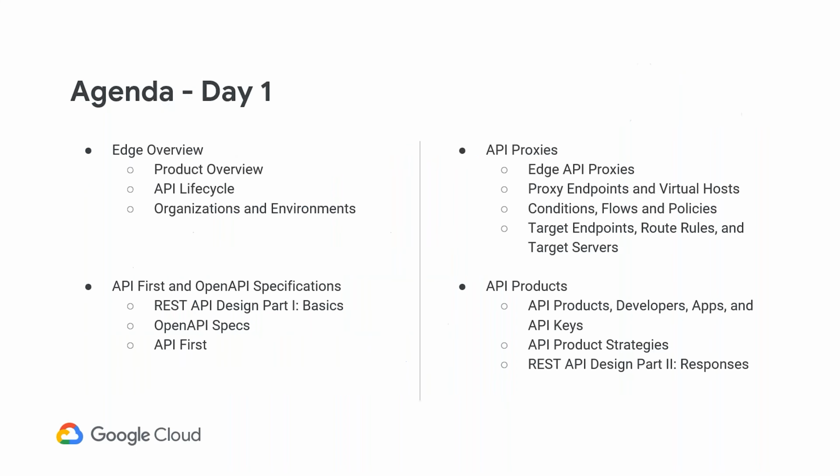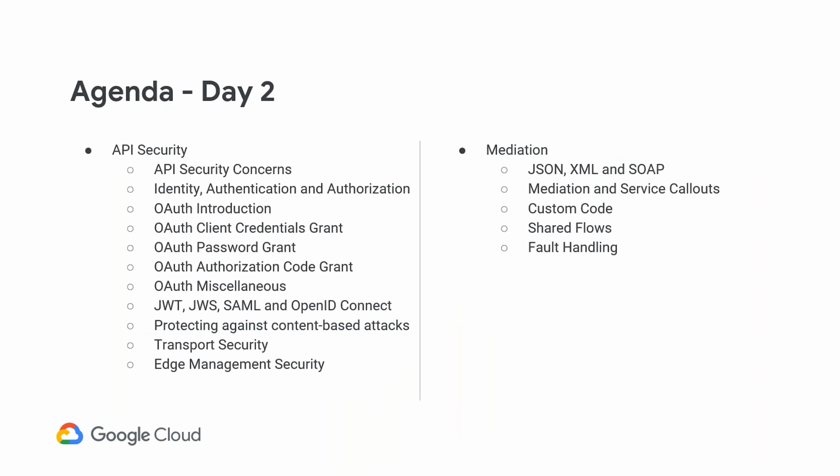All right. So we were discussing the next 8 hours. We will concentrate on API security. What are the API security concerns? We will learn the concepts of identity, authentication, and authorization. We will cover OAuth introduction. OAuth is the base for any API developer.